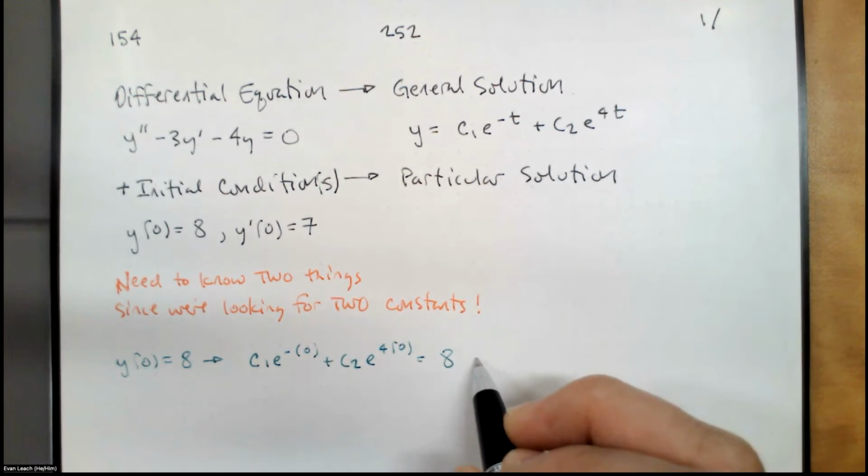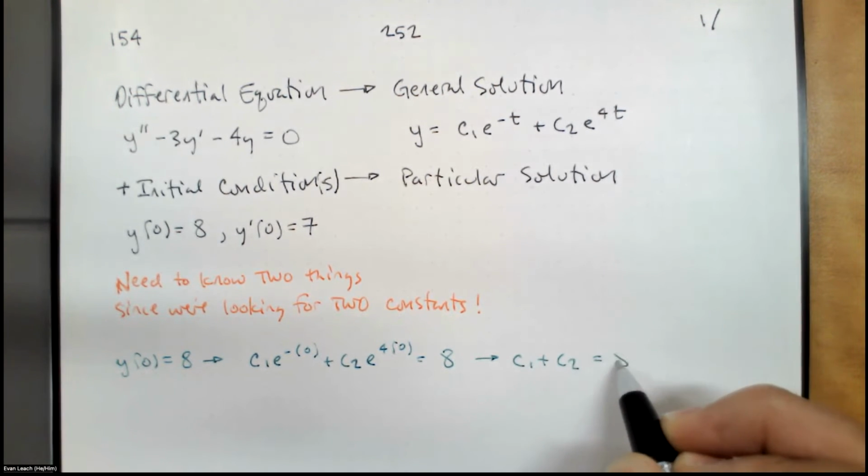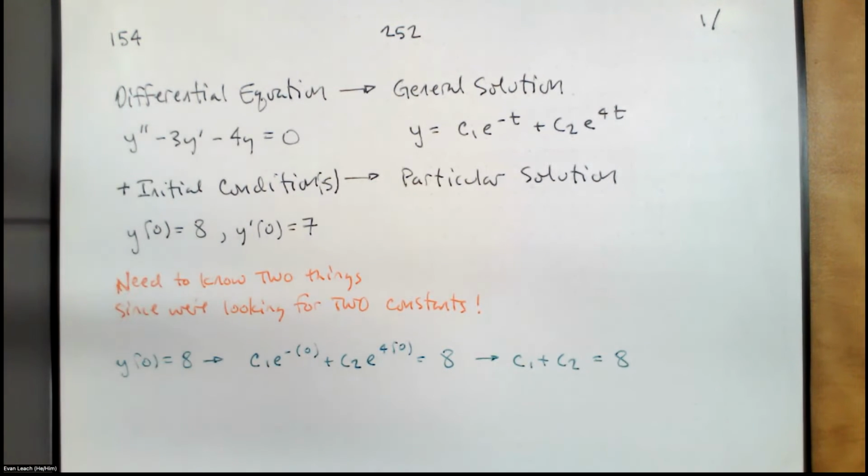So this tells us that C1 plus C2 is equal to 8. Note with this one initial condition, the best I can do is find a relationship between C1 and C2.